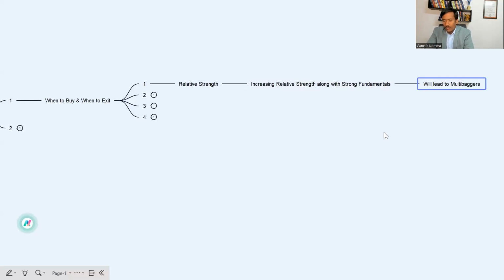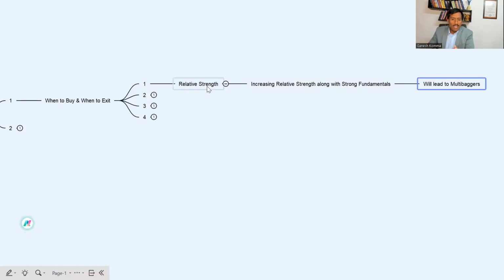So even right now, any company which is relatively stronger than its benchmark, meaning Nifty, in the last 1 month, where Nifty gave 5% returns, any stock which has given more than Nifty returns in the last 1 month, those are RS positive stocks.